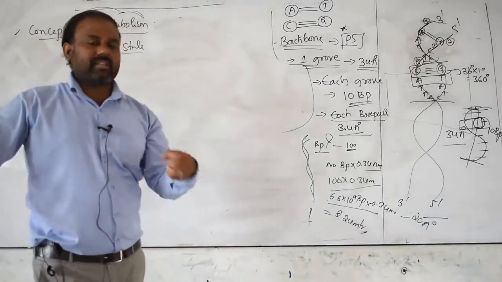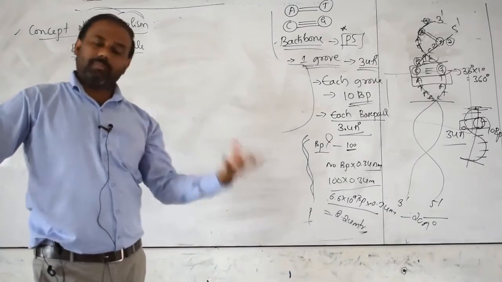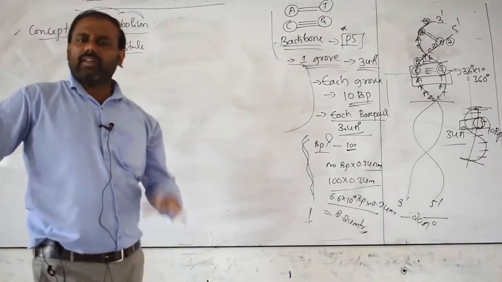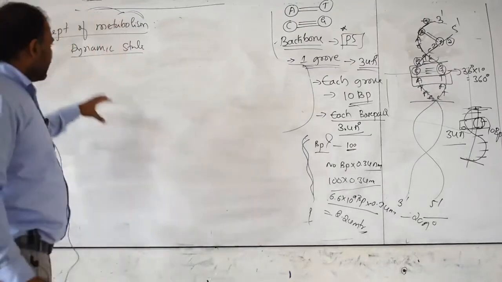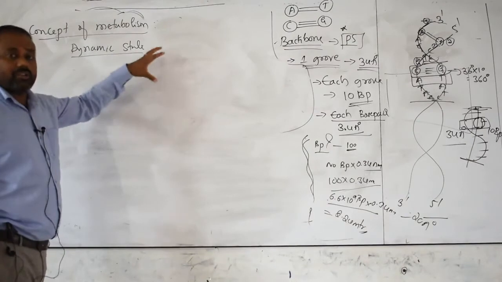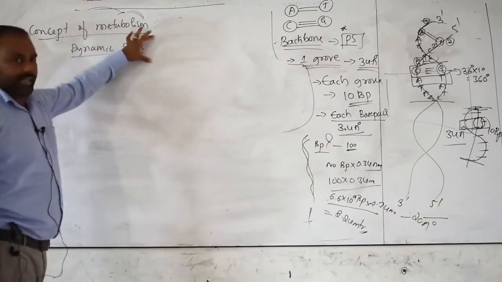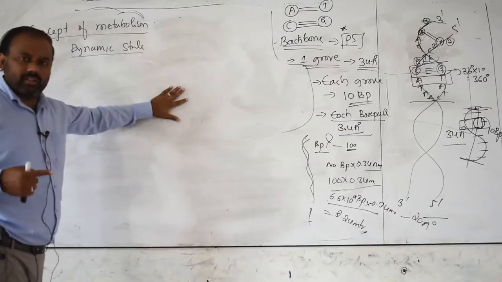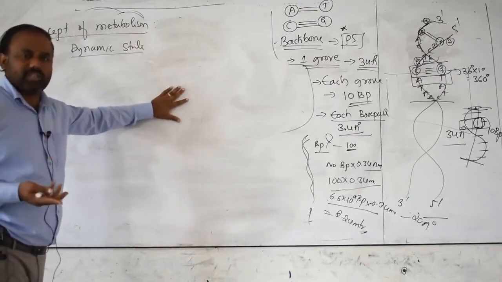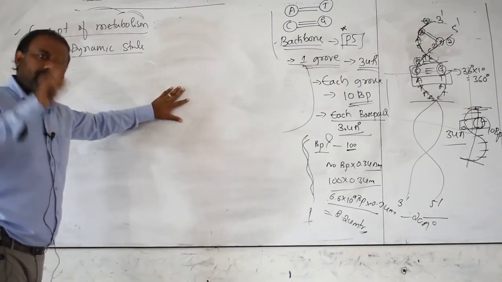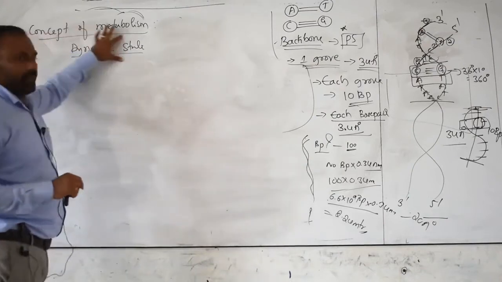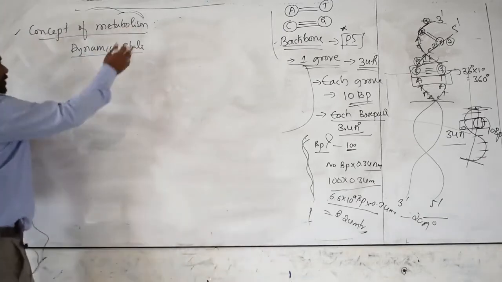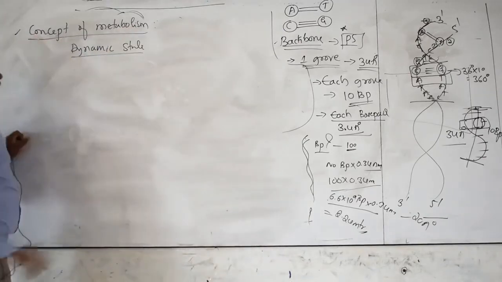It may be elements, complex food molecules, simple ones, macromolecules, or micromolecules, irrespective. All those constituents are in a dynamic state. Dynamic state means they are always in a functional nature, performing some function, whatever the function. So nothing but dynamic. Simple? So that is dynamic state of body constituents, the concept of metabolism.